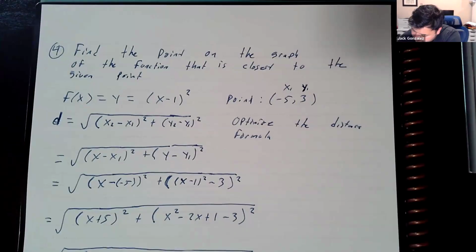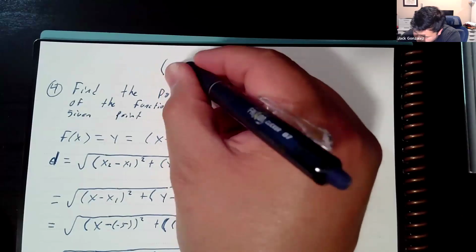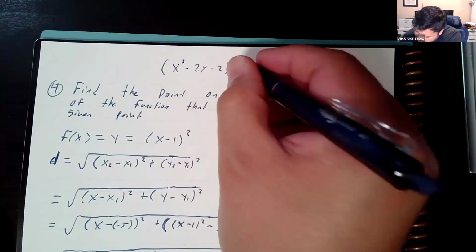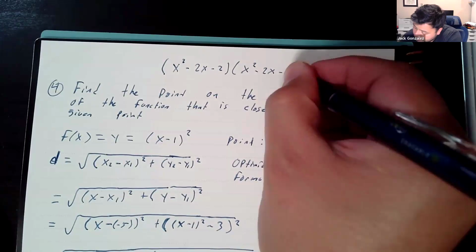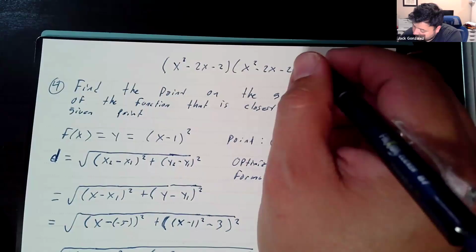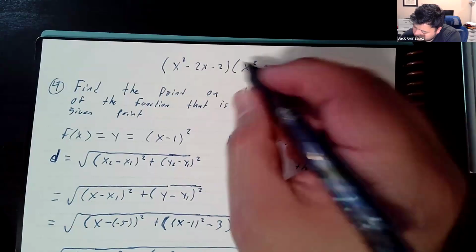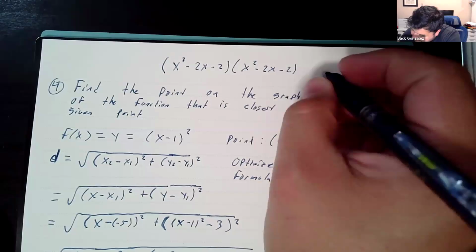Technically, it's this, right? So x squared times that nonsense is going to be x to the 4th. Let's see if I can fit it in here.